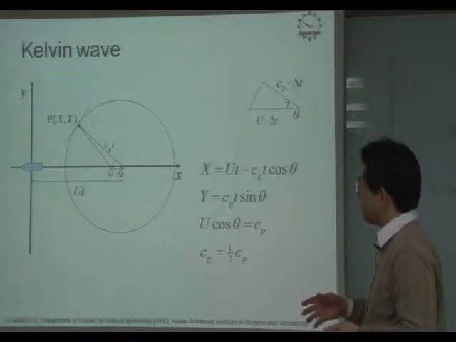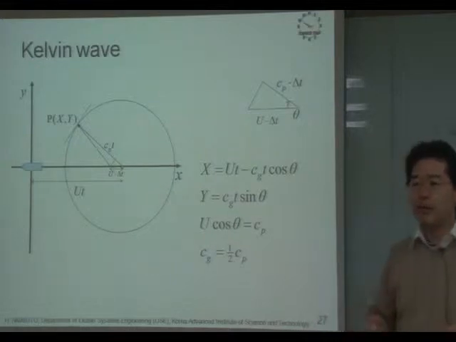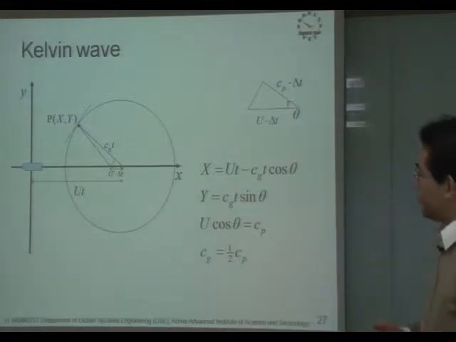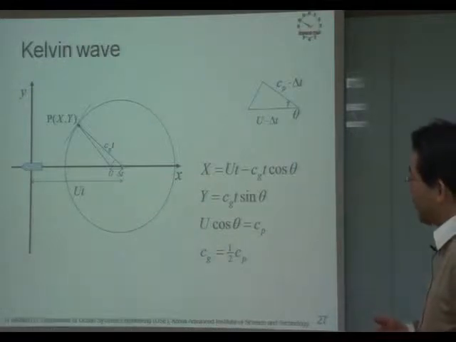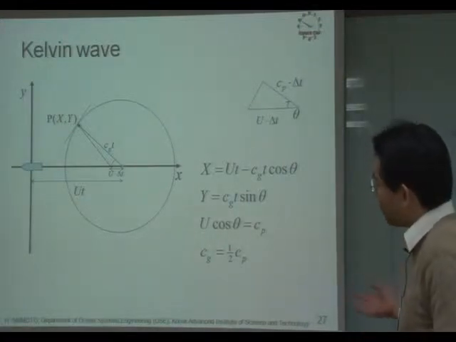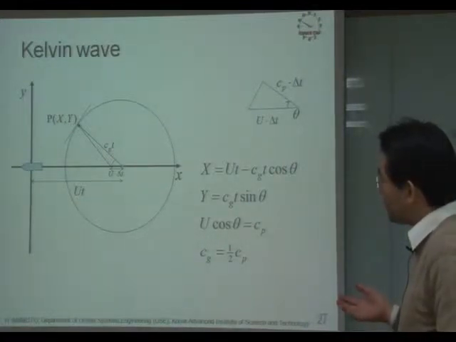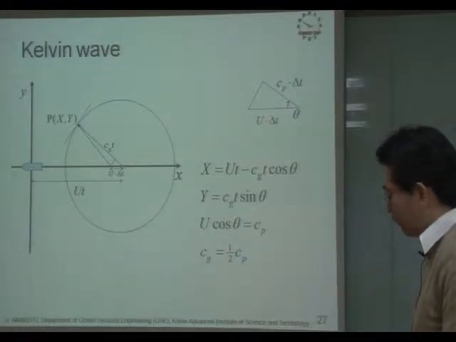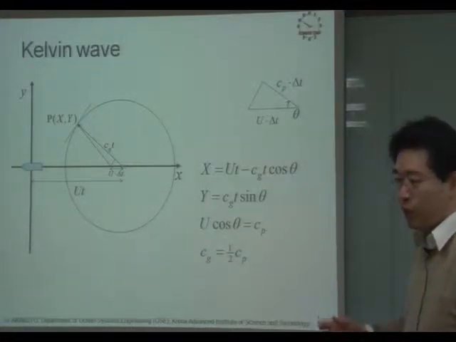The pattern is caused by the concentration of wave energy. The pattern is complicated because waves on the free surface are gravitational waves whose speed depends on wavelength.